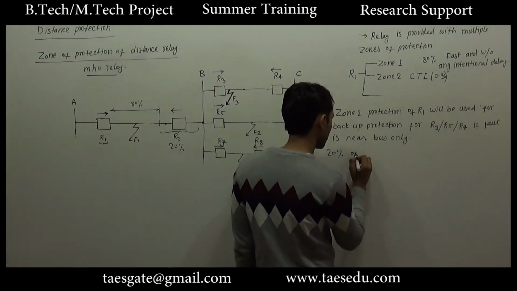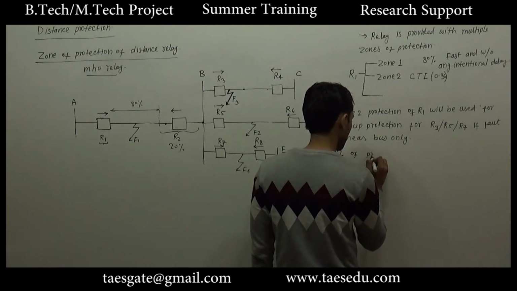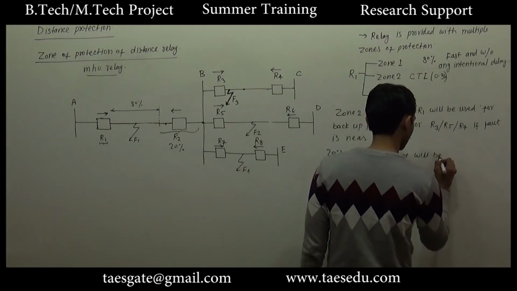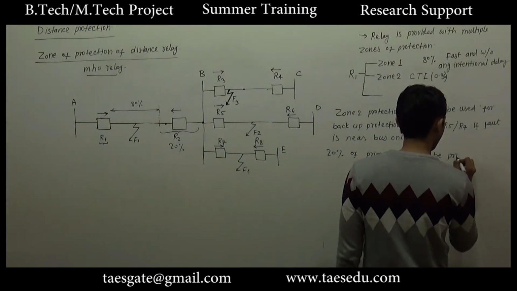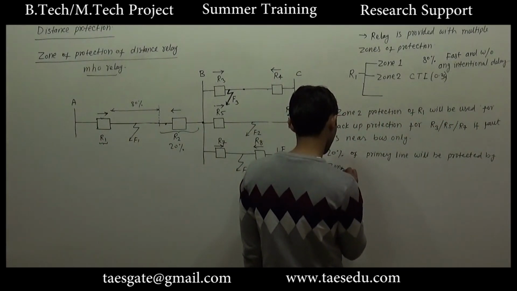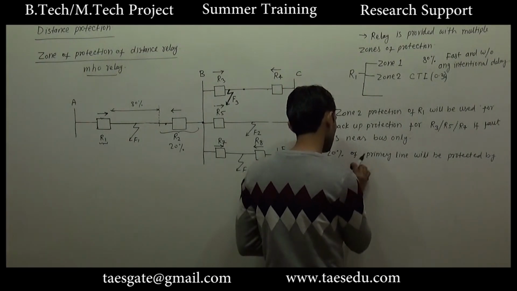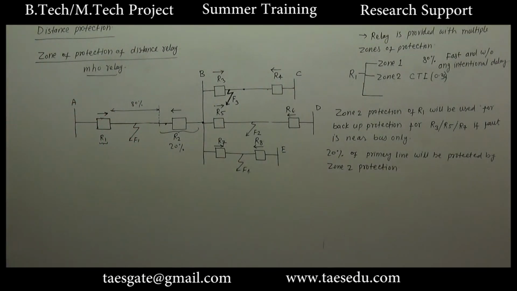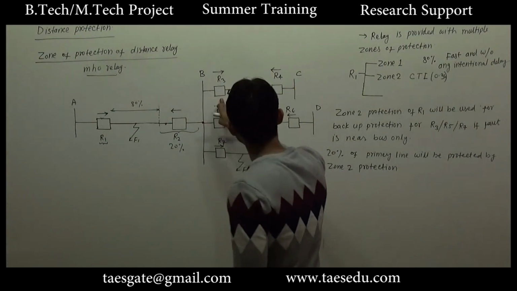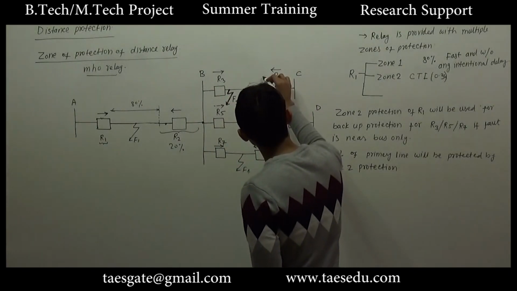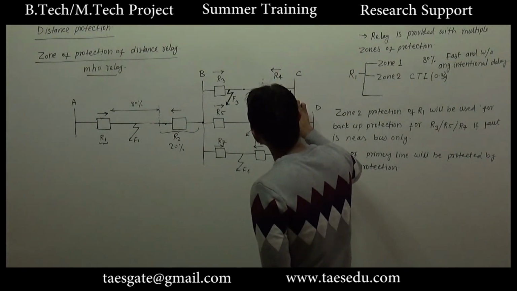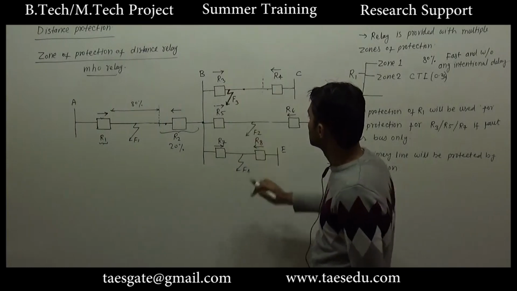The 20% of the primary line will be protected by zone 2 protection, and this is not true only for relay 1. For relay R3 also, the zone 1 protection will be provided up to 80% of the primary line only, and the rest 20% of the line will be protected by zone 2 protection of R3.